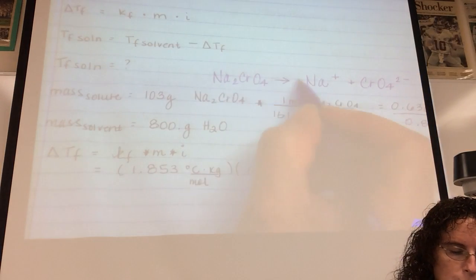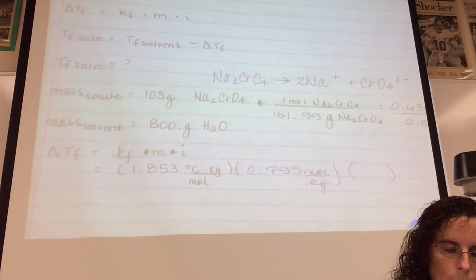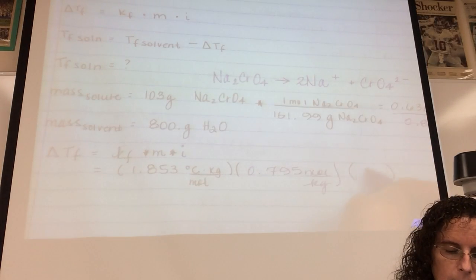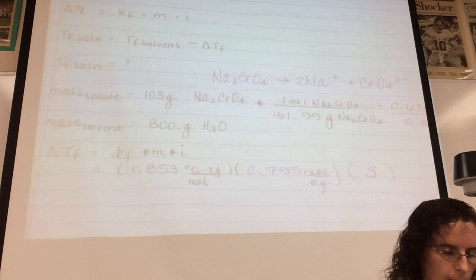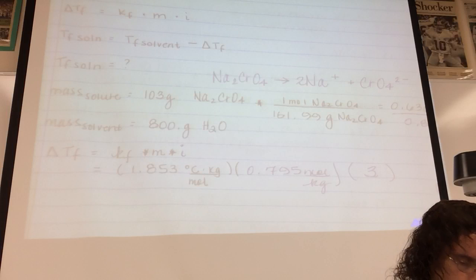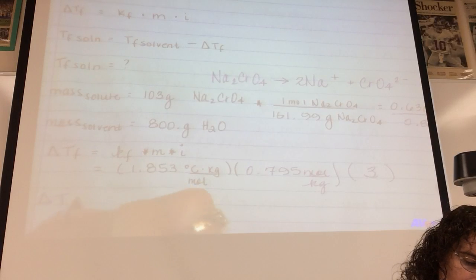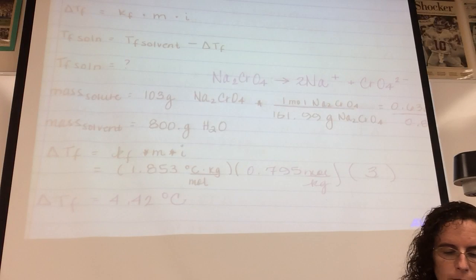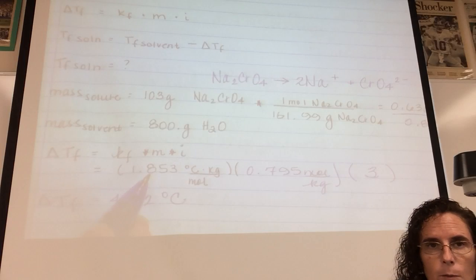Now you need 2 sodium, 1 chromate ion. The value of i is 3. 2 plus 1, 3. So our delta Tf is 4.42 degrees Celsius. And again, the only real difference there is you used Kf.